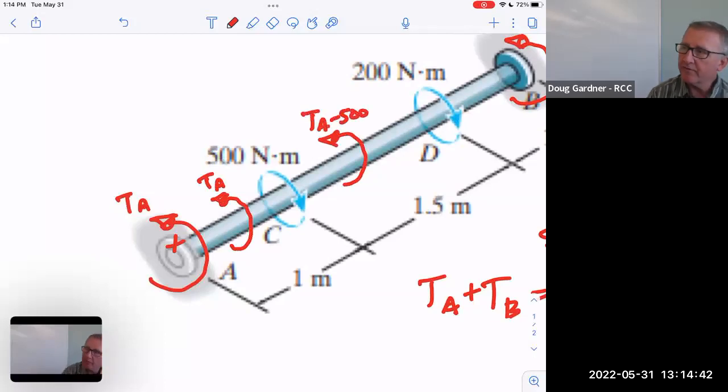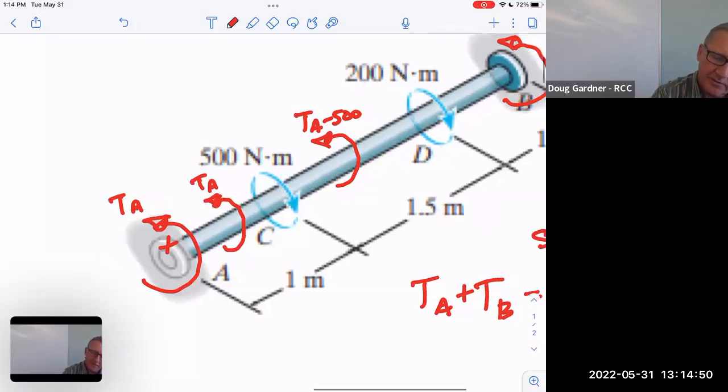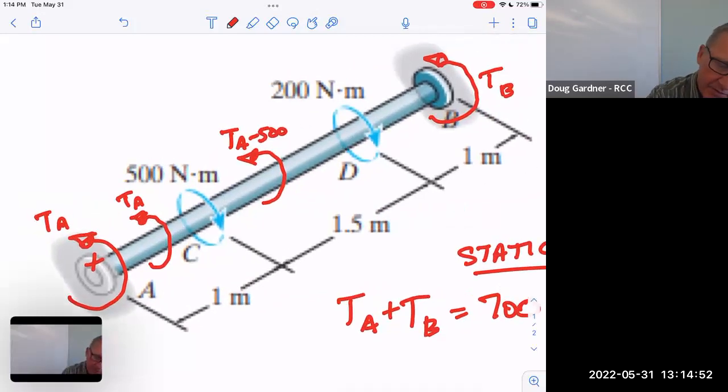Since I don't know what twist of A is, I can't actually determine that. But does that seem familiar? Previously, you actually knew all the twists and you just added them and got answers. And then this next one would be another 200. So does it make sense this one would jump to torque at A minus 700 now?